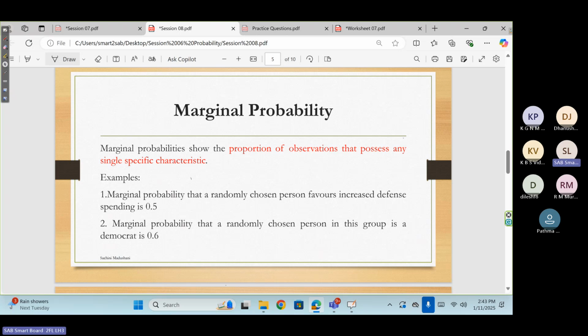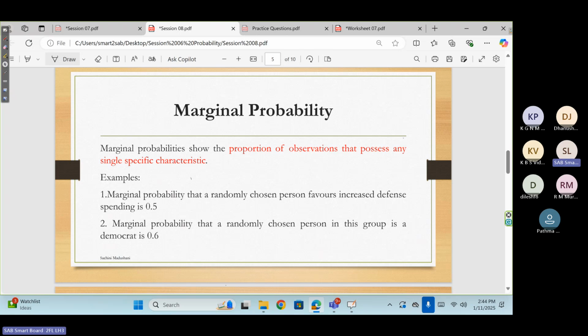It's clear? Or we can say, if we randomly select one person, he or she does not favor increased defense spending. Only we discuss one event. We take the probability value of the single specific characteristic. Here in the joint probability concept, we discuss two or more events and find the joint occurrence.